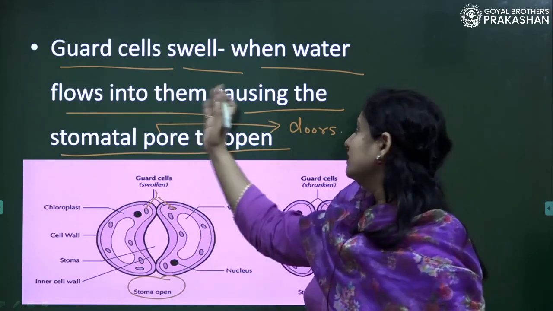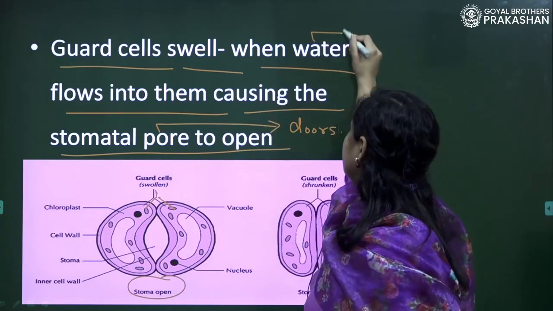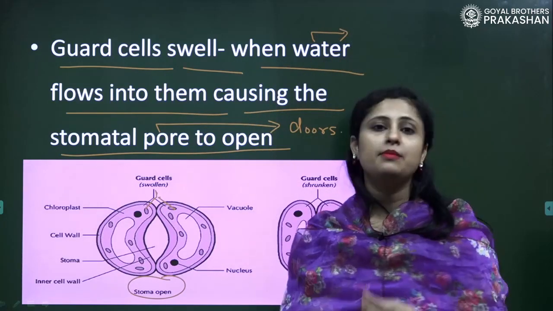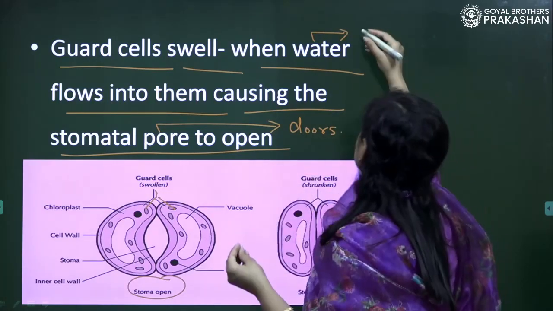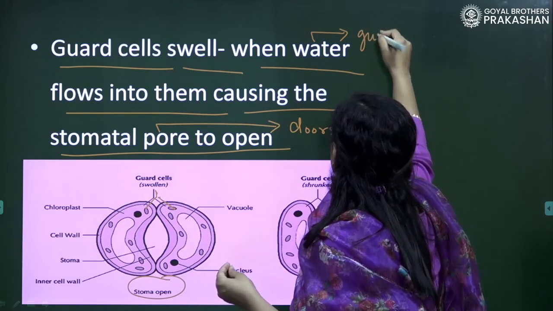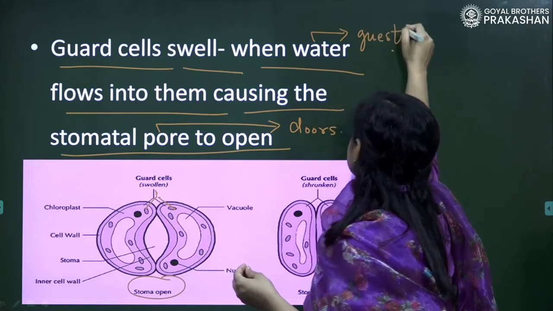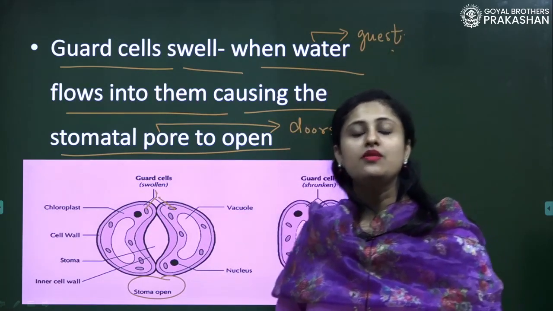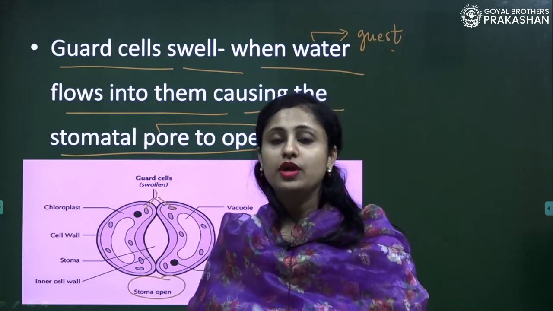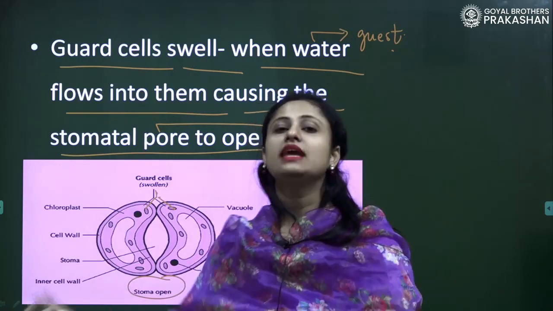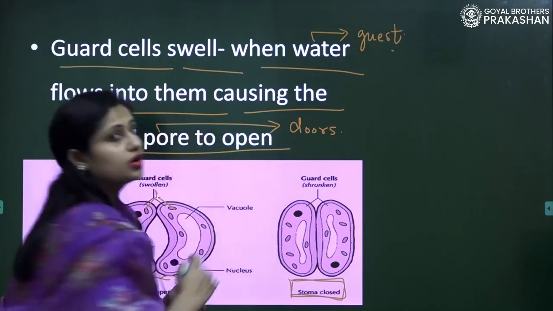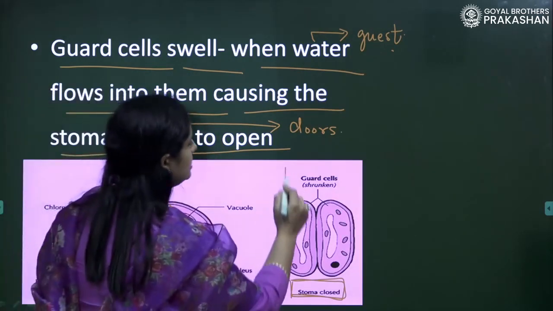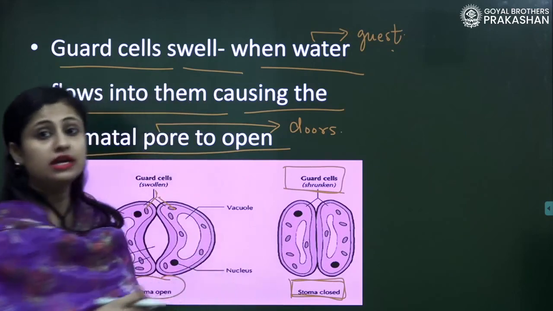And water here, as per the example I have given, can be imagined as the guest. So whenever the guest comes, we open doors for them and they come inside. The stomata become closed and the guard cells shrink.